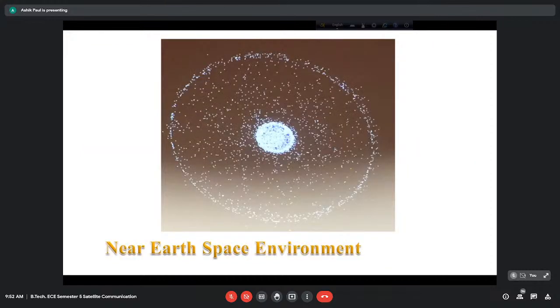And believe it or not, the near Earth space environment looks something like this. This almost looks like an extremely crowded place.